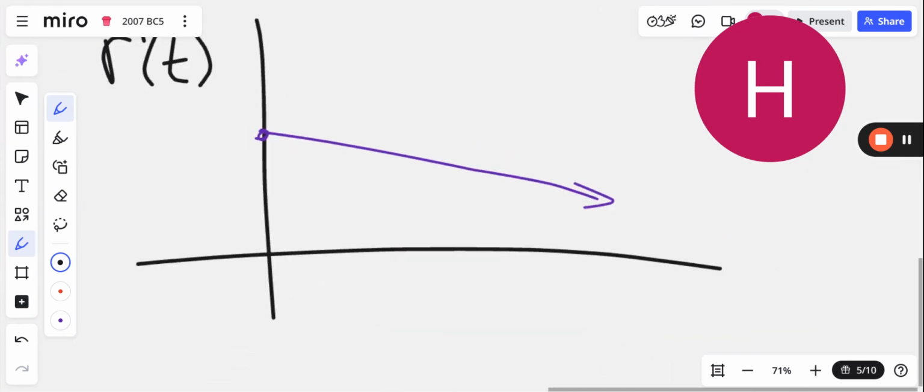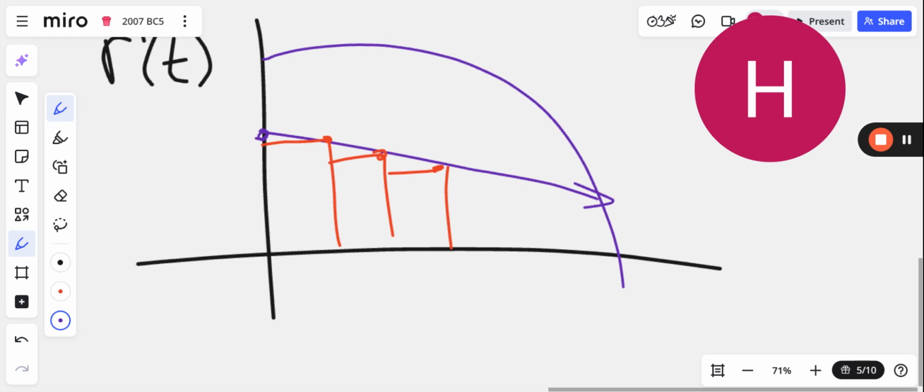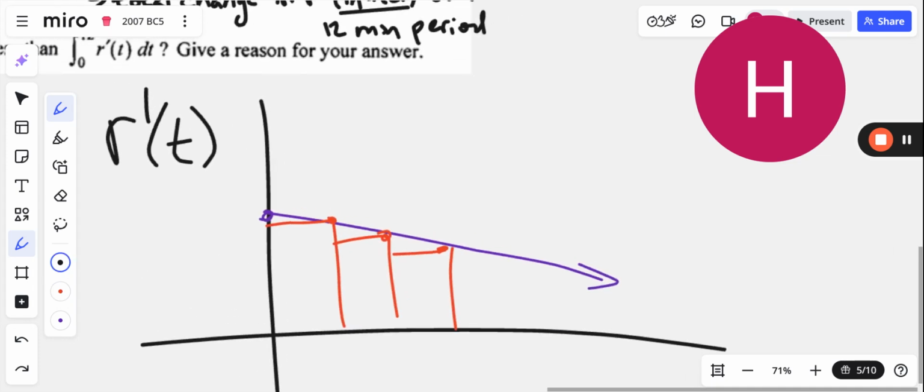That means that if we make rectangles, left-handed rectangles would all be sitting on top of the curve, overestimating. But right-hand rectangles of any decreasing function are always going to be an underestimate. Even if it was concave down, these would still be underestimates. So as long as r prime is going down, we can say r prime is decreasing.